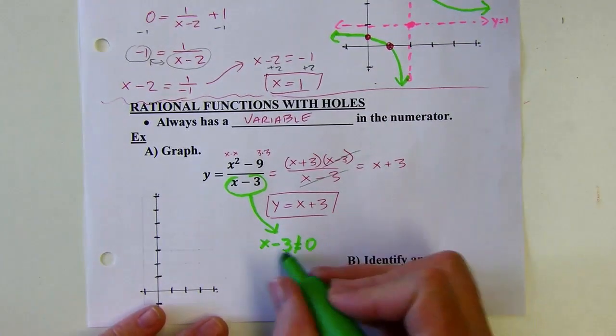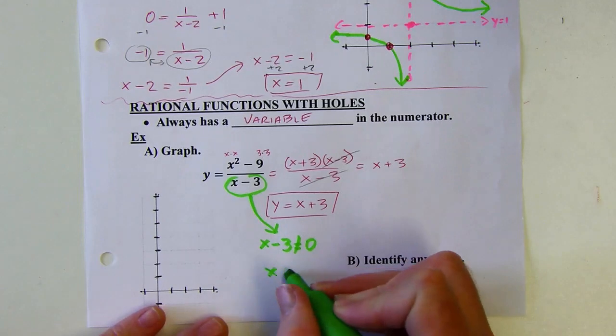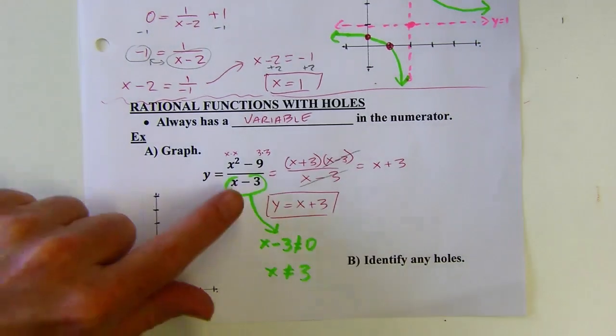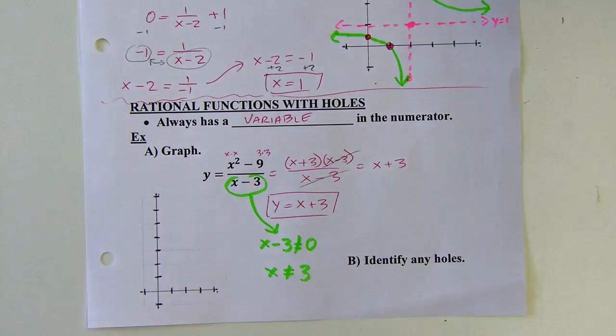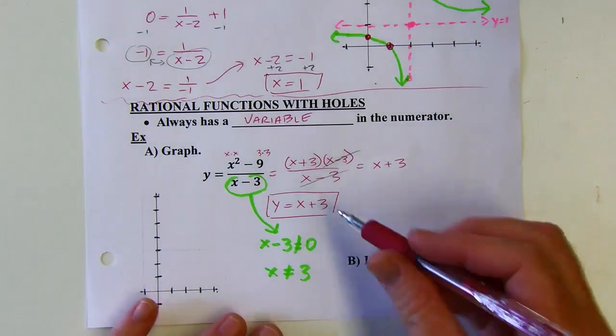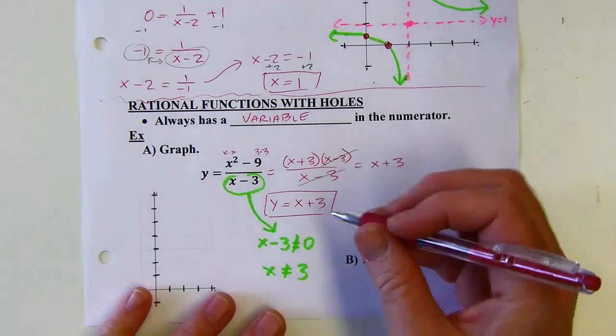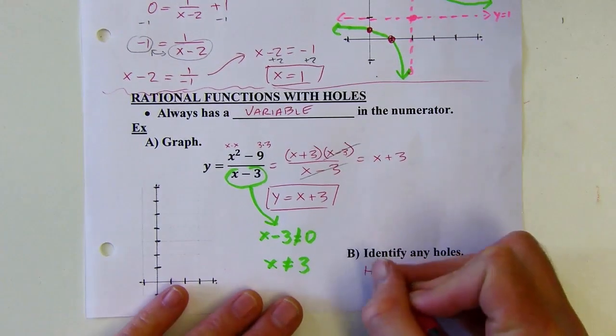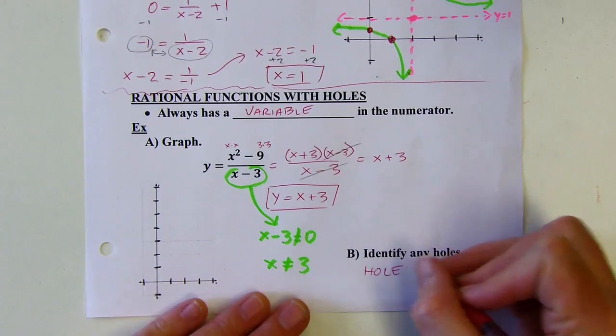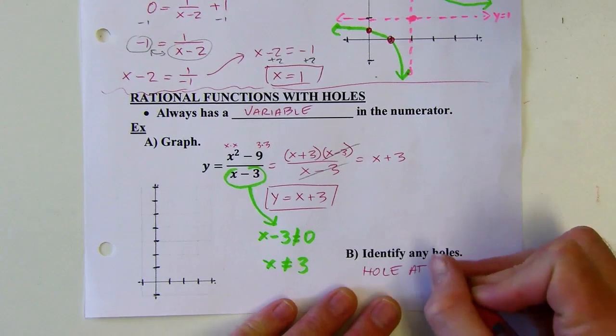So that means if I solve this for x, x can't equal positive 3. If you plug in a positive 3, then we've got a problem there. We got a 0 in the denominator. Okay, so when this says identify any holes, this is a straight line, except there's one issue. I'm going to have a hole at x equals 3.